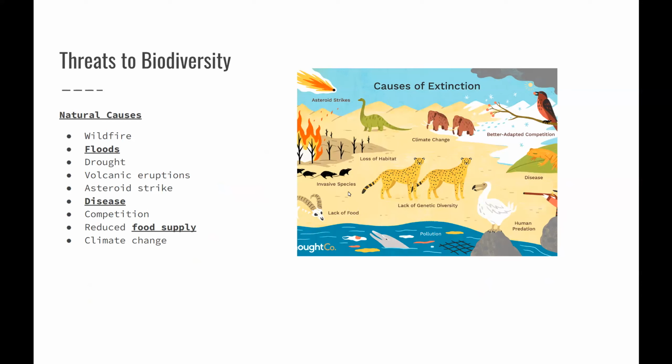And when one species is taken out of an ecosystem or is reduced, that can affect other species, especially if that is their sole food source. And so all of these things can cause a decrease in biodiversity, but these are natural things that we really can't do anything about.